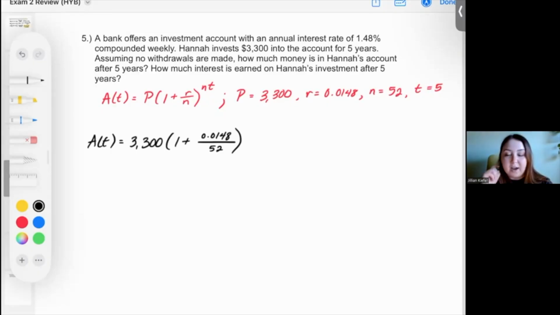And then we have our exponent, which is n, 52, times however many years, which for us is 5. The monthly payment formula that we used earlier was difficult. This is also difficult, although not quite as complex, but we'll still go ahead and show how to put this into our handheld graphing calculators.